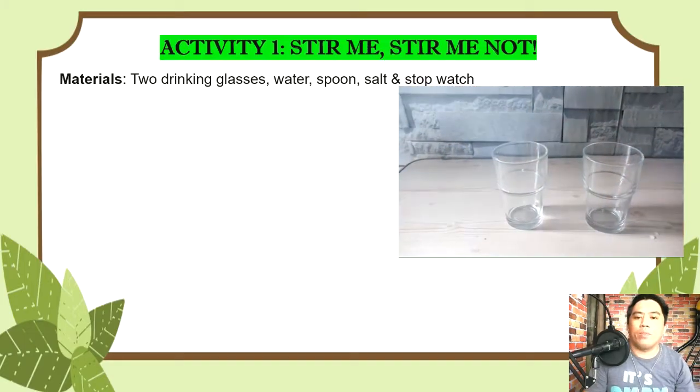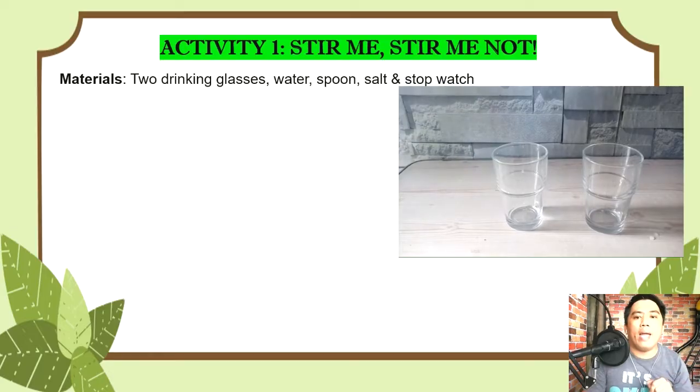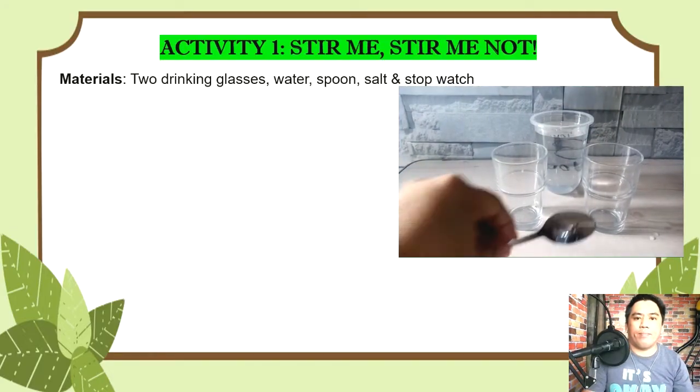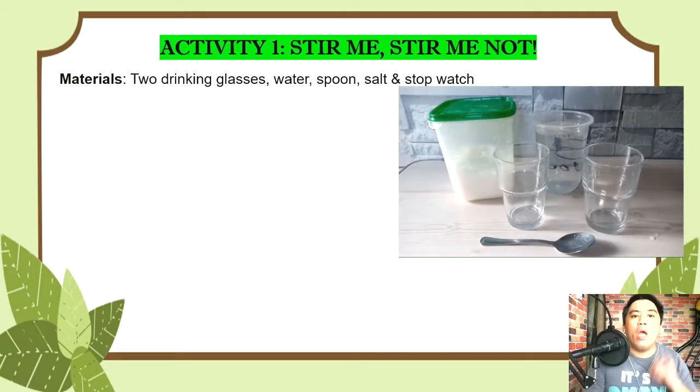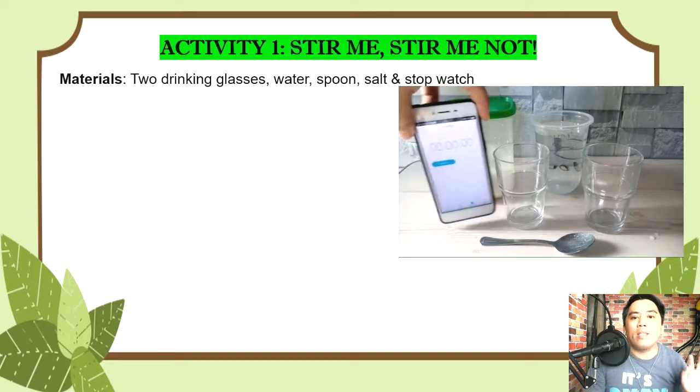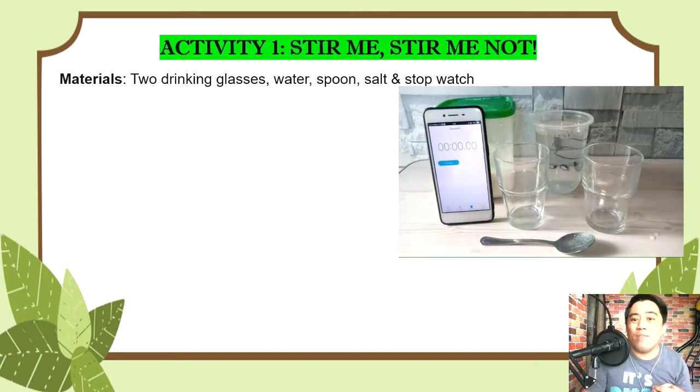Okay. Ayan ang mga kailangan natin para sa ating activity. 2 drinking glasses, water, spoon, salt, and stopwatch. Yung stopwatch, pwede yung sa cellphone. Pwede yung gamitin yon para mas madali.